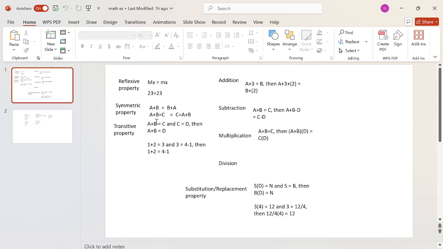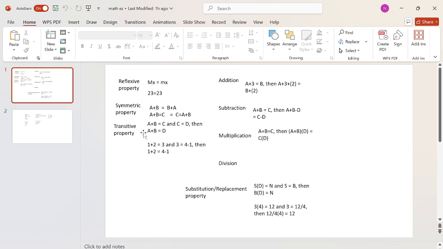But you can interchange like this: you can change C to the other side and A plus B could be on the other side. Usually when you solve, the variable should be on the left side and the constant should be on the right side.